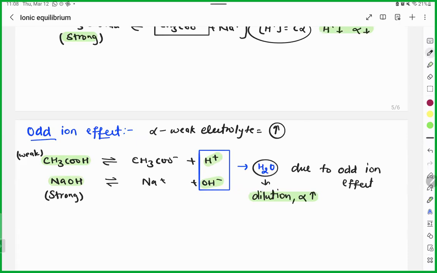Formation of more water means dilution, and alpha is inversely proportional to the concentration and directly proportional to the dilution. So more dilution, more alpha. That's what we are saying. Does the odd ion effect happen only due to water formation? Yes, sir.